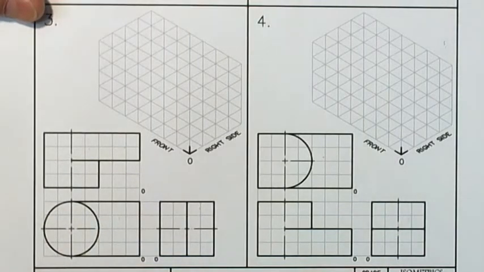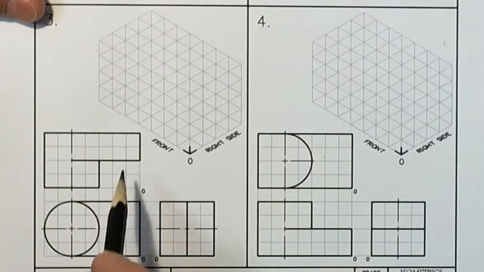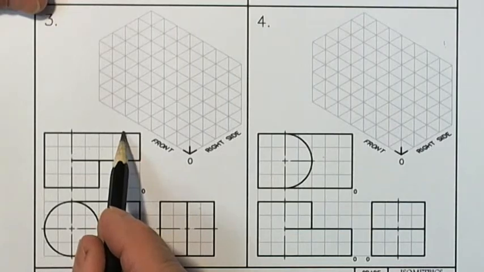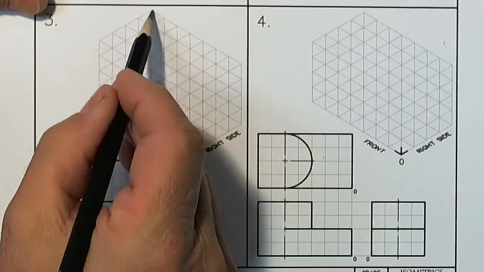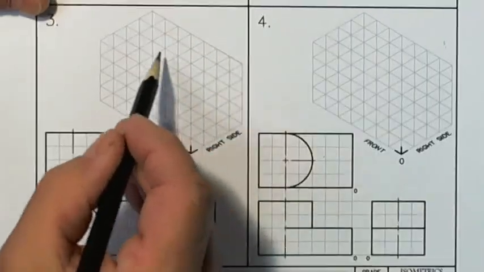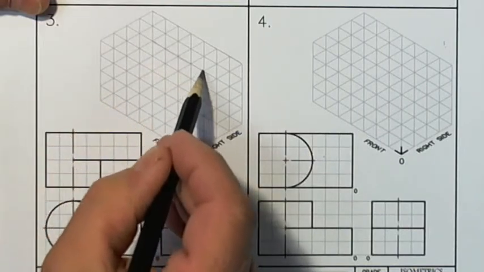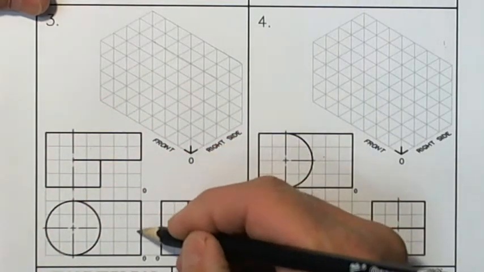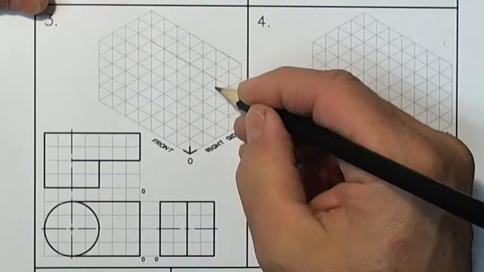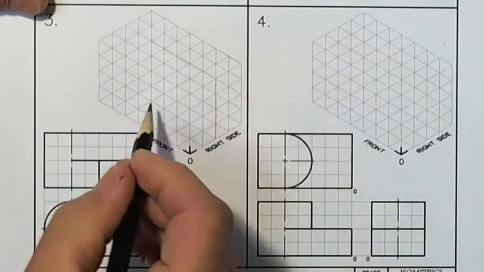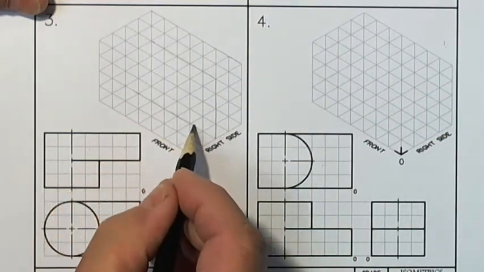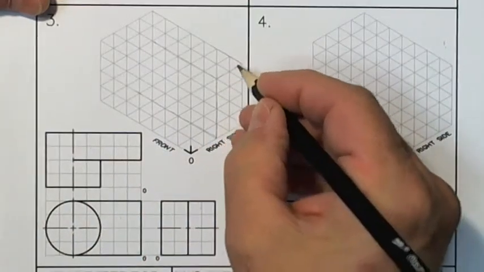To start with, I'm going to take the rectangular prism from the rearmost surface forward. It's 2 wide, and it's 4 high. And I'm just going to lightly put that in to give me a sense of space.